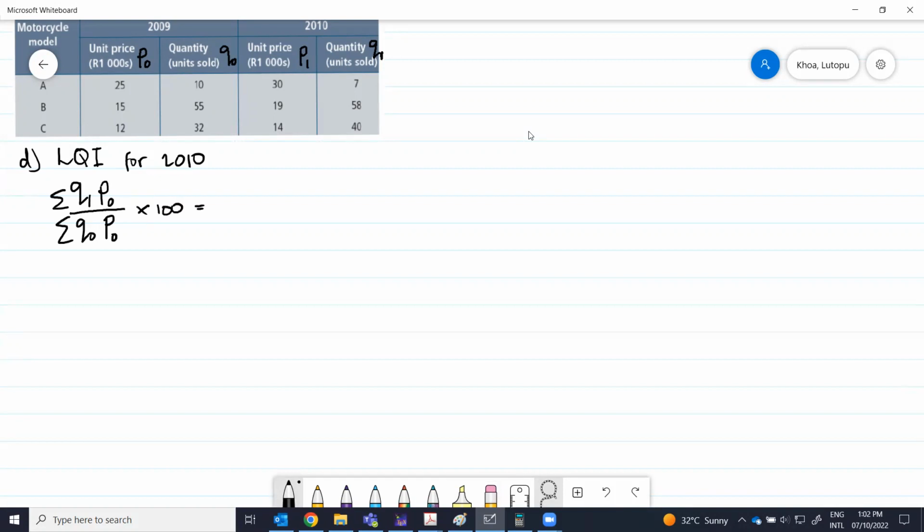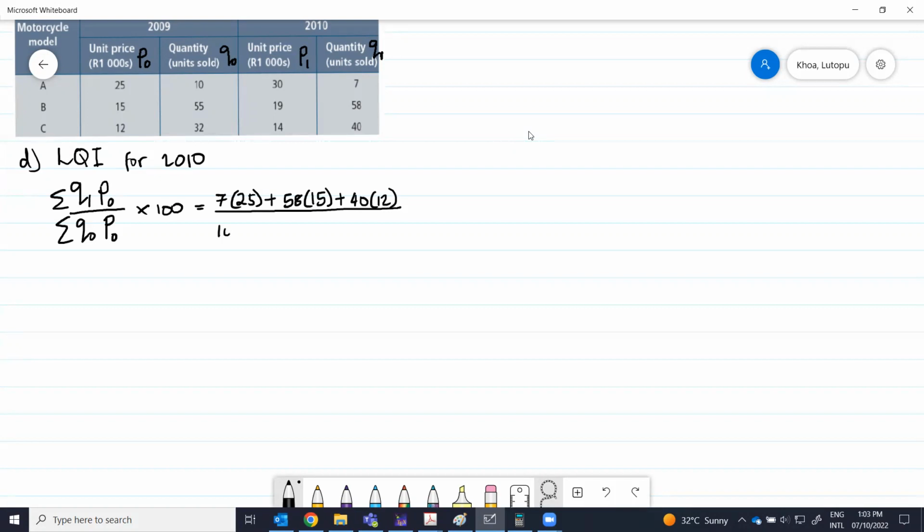Now we just substitute our values. So I take my Q1, this is 7, times P naught, 25, 58 times 15, 40 times 12, and then in the denominator, we have Q naught times P naught.